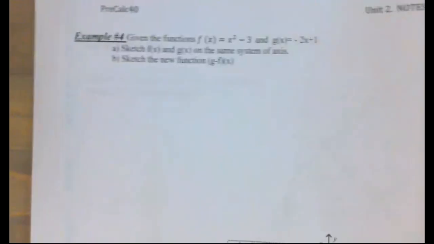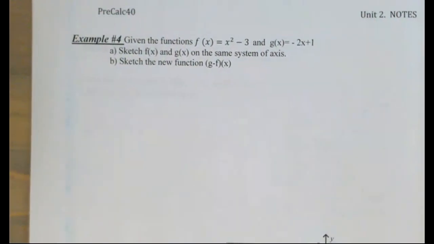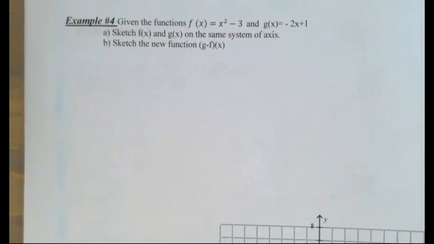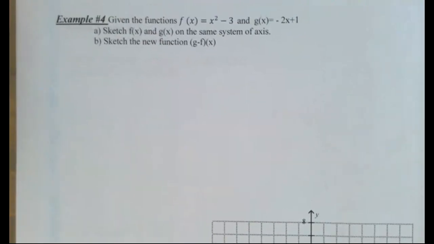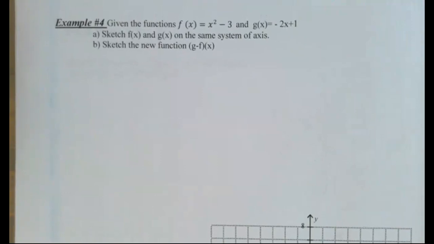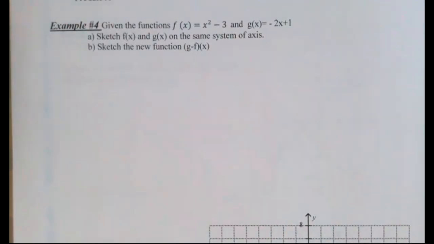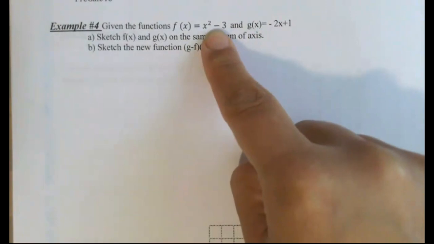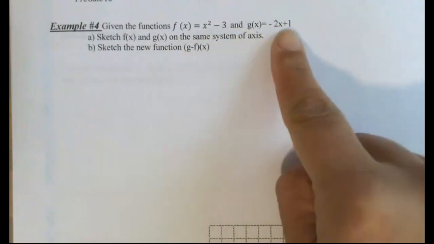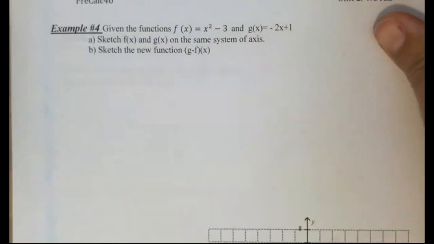So you can get questions like these when the graphs are given to you, like example 3. But you can also get questions like these when the graphs are not given to you and you would have to get the graphs yourself. So given the functions, f of x is x squared minus 3, so that's a parabola, quadratic, and g of x is negative 2x plus 1.